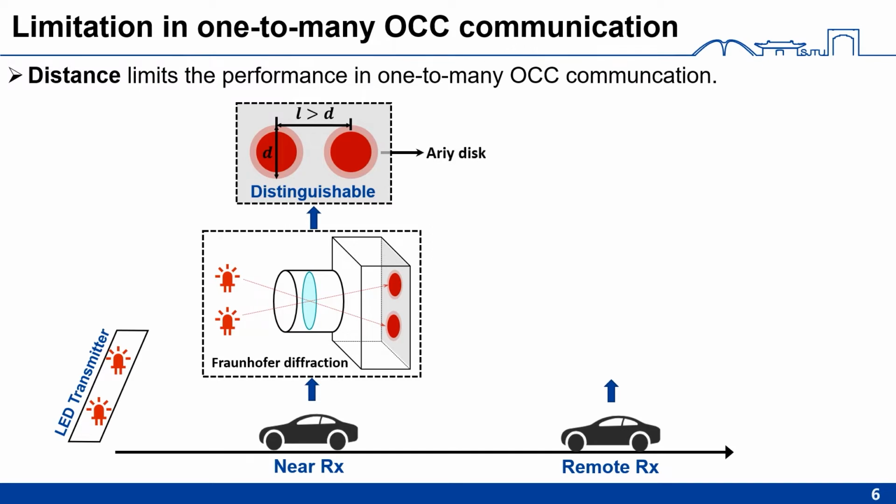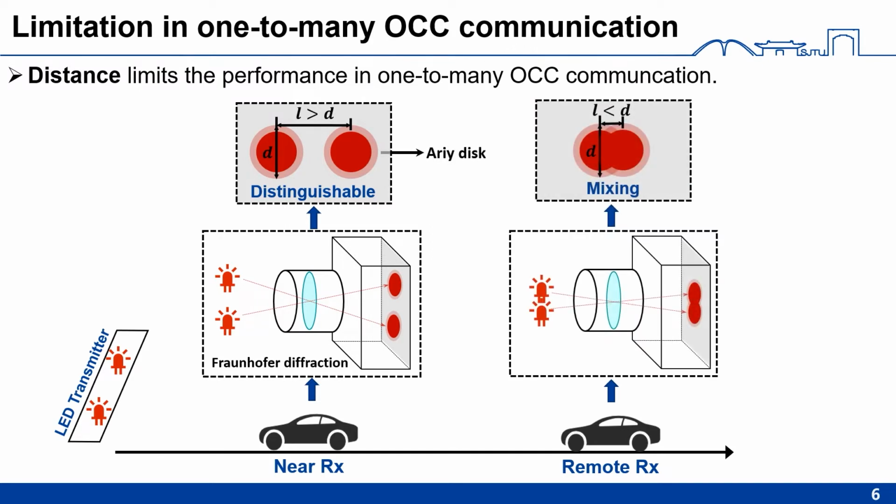However, the LEDs observed by a remote receiver are spatially mixed, resulting in interference between two LED channels and severe communication failure. If we ignore the channel interference described above, only the near receiver can communicate successfully, and the remote receiver cannot decode any messages.